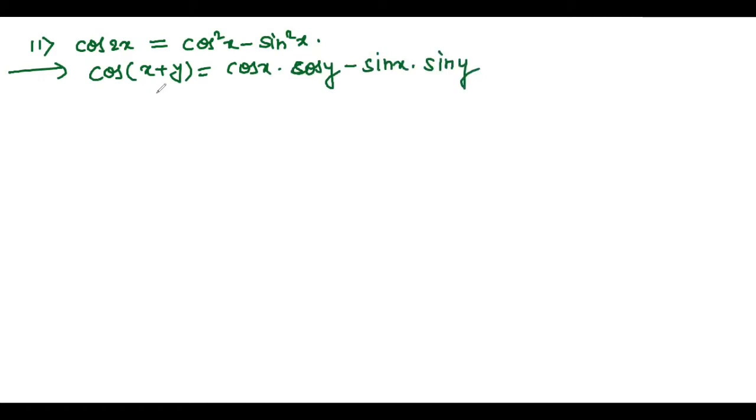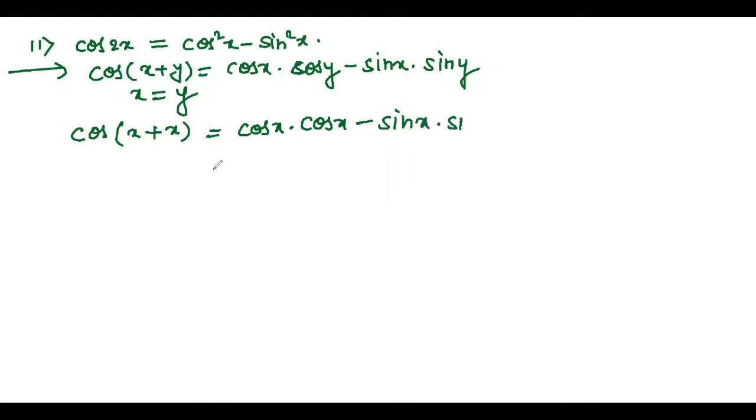Now if we are applying x equals y, so here we are getting cos of x plus x equals cos x into cos x minus sine x into sine x. So it is cos square x minus sine square x. This one. So this is our identity.